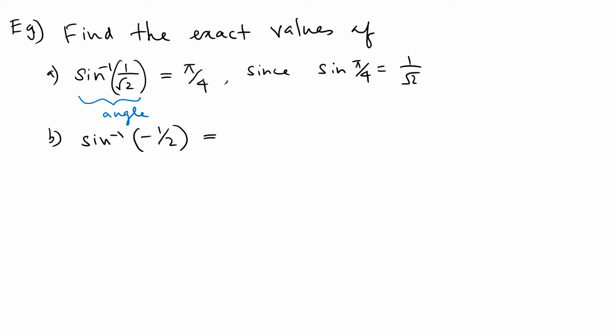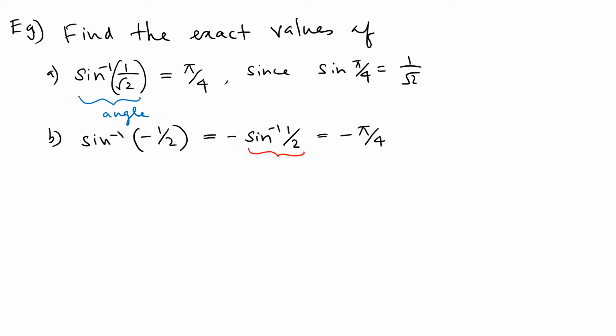If you get a problem like that, one way to do this is, we know that sine inverse is an odd function. So we're going to pull the negative sign out. We can write this as negative sine inverse 1/2. From the table, the angle corresponding to 1/2 under sine is pi over 6. With the negative sign, it becomes negative pi over 6.